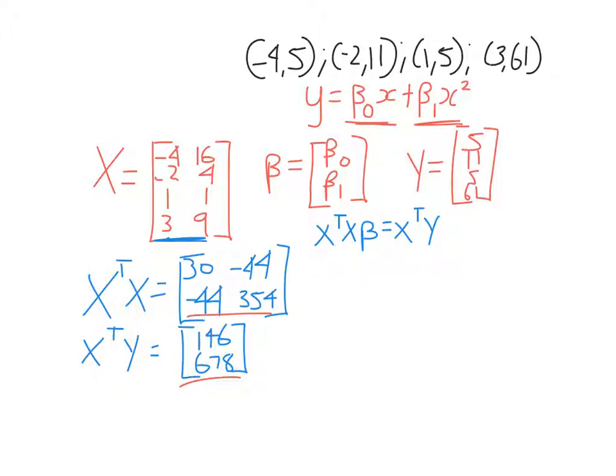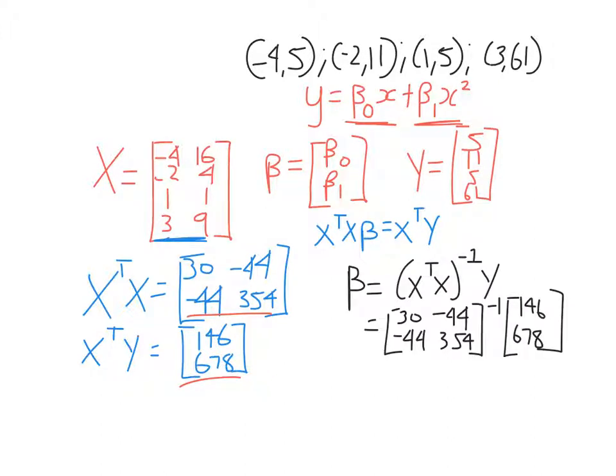Once again, we have an invertible matrix for X transpose X, so there will be a unique solution to this system. So this is what we would get for beta. You can probably use a matrix calculator for this because it might take too long to do it by hand. And then what we end up getting is this matrix here. So the first entry corresponds to beta 0 and the second to beta 1.